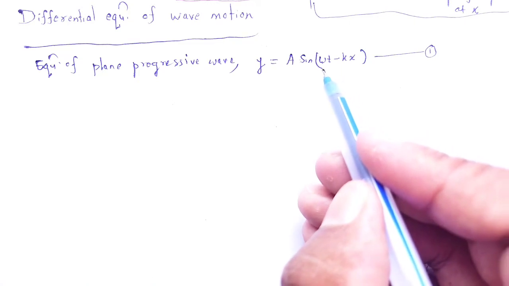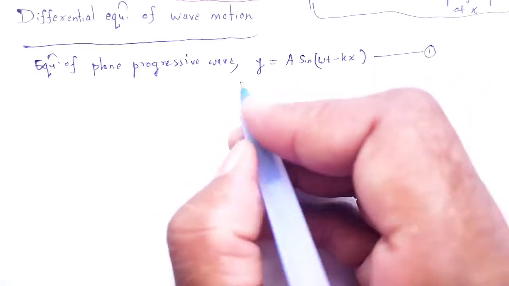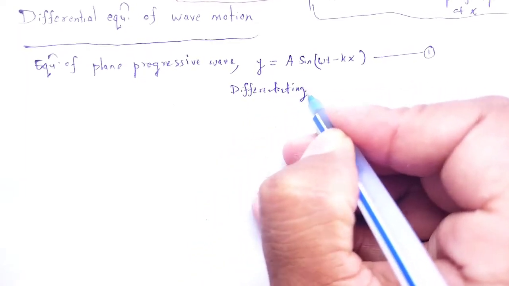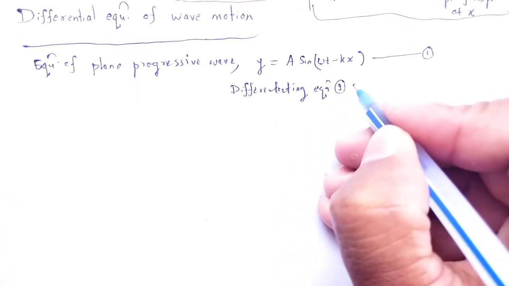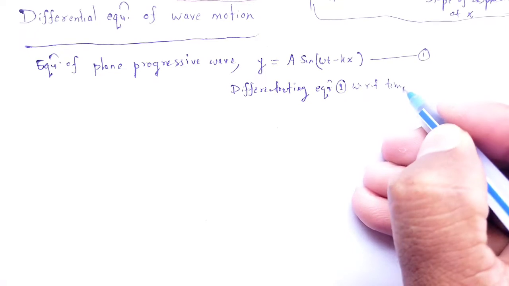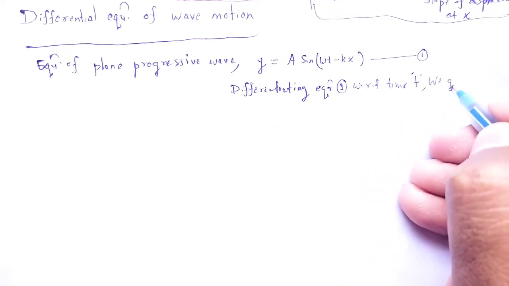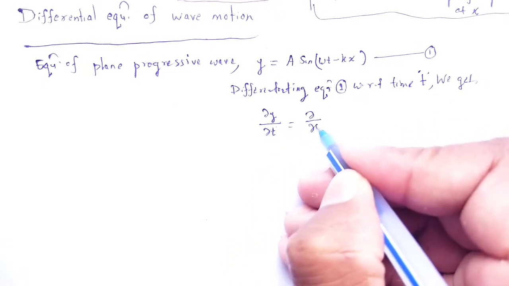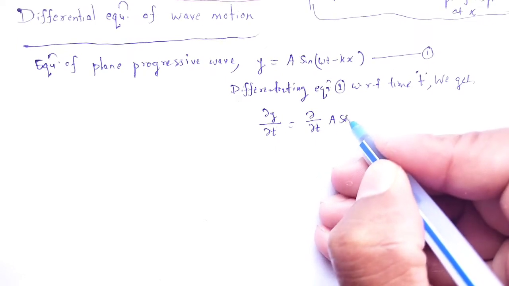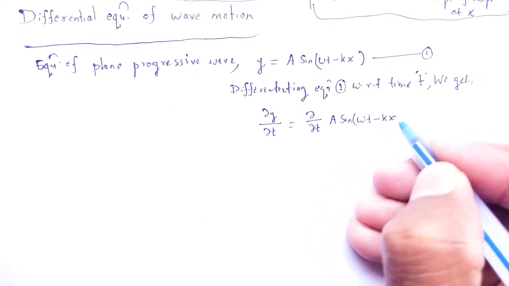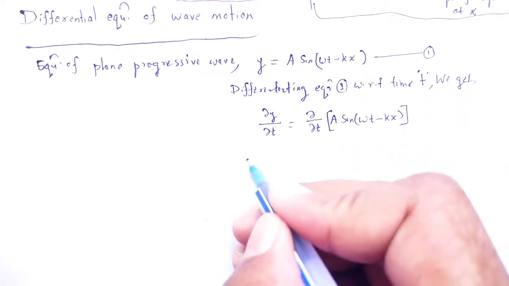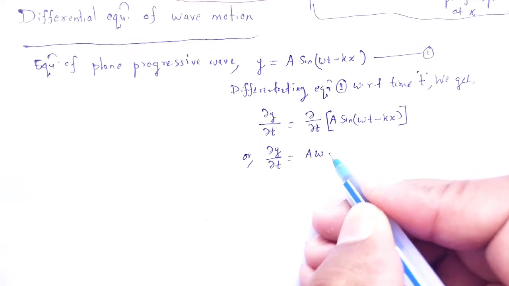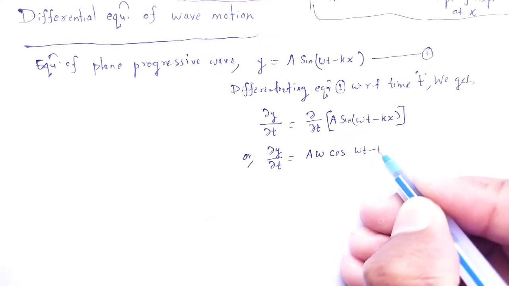Now differentiating equation 1 with respect to time t, we get del y by del t is equal to del by del t of a sin(omega t minus kx), or del y by del t is equal to a omega cos(omega t minus kx).